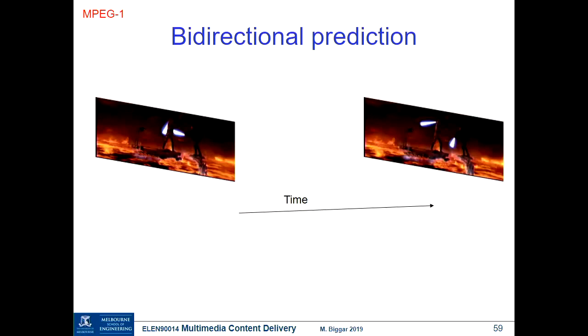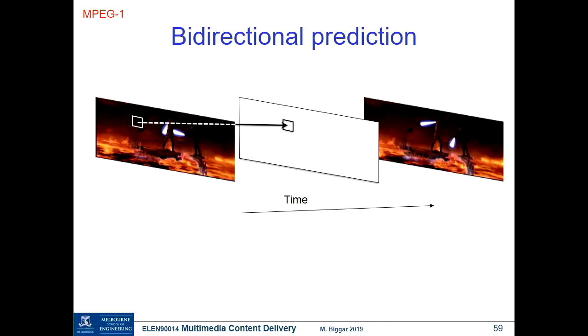So what do we mean by bidirectional prediction? Well, ordinarily, the way we've described predictive coding and motion compensated coding so far, we would look at our video frames in their time sequence, and when coding a block of pixels within one particular frame, we would perform motion estimation to try to find a match back here in the previous frame.